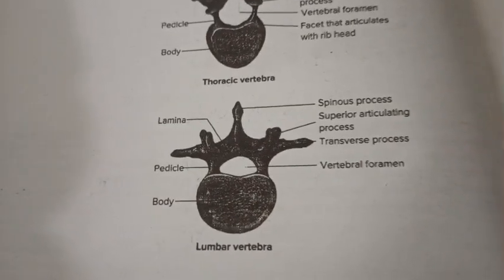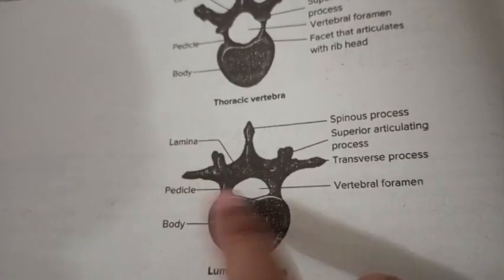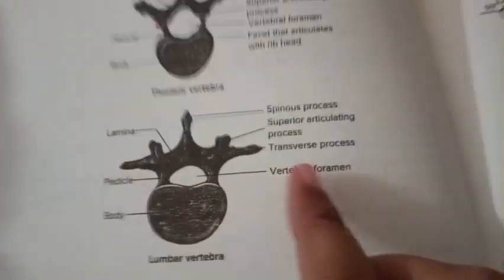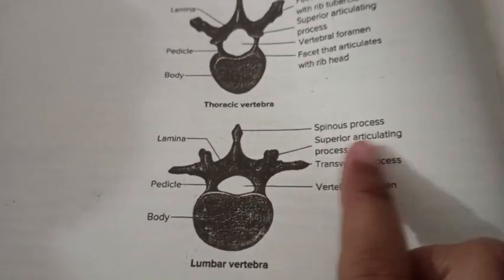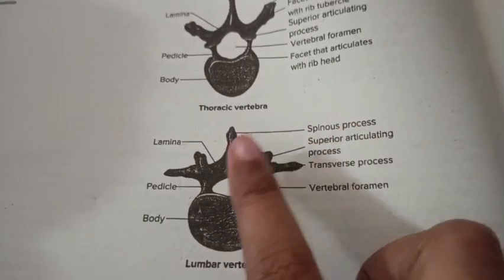Then we are talking about the lumbar vertebra. Here is the lamina and pedicles, body, vertebral foramen, transverse process, superior articulating process, and spinous process.